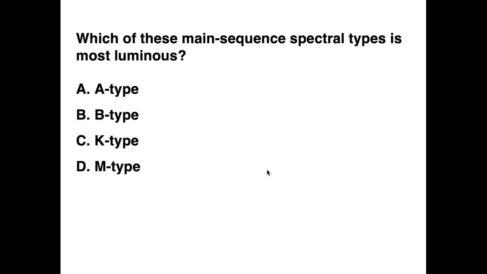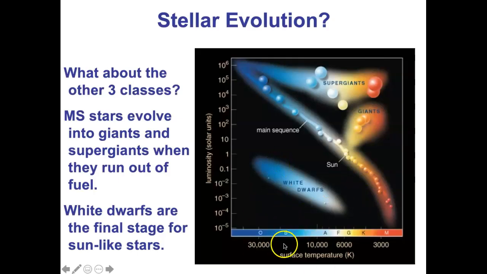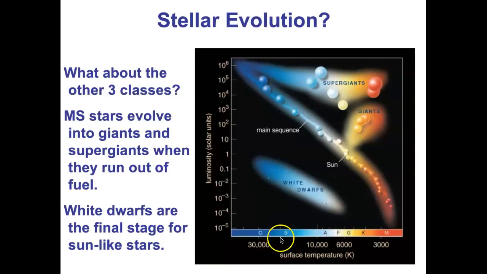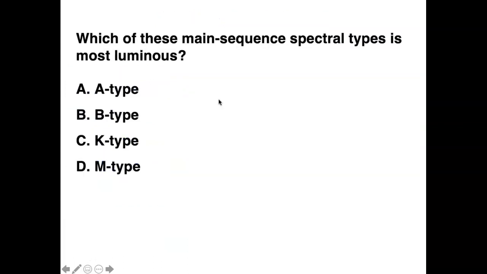Why are B type stars the most luminous? Because out of those four, A, B, K, or M, the B types are the hottest. And because the main sequence is a nice, well-constrained diagonal line, the hotter the main sequence star, the higher the luminosity, so it must be B type.